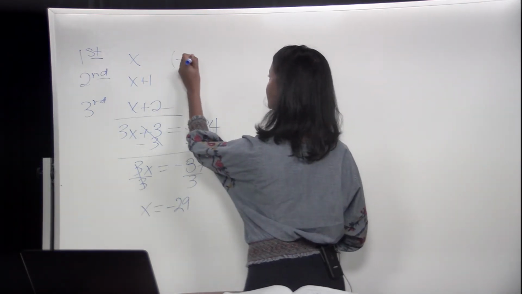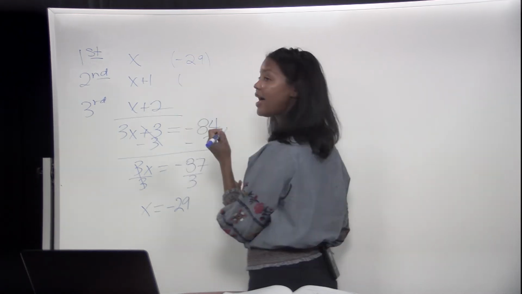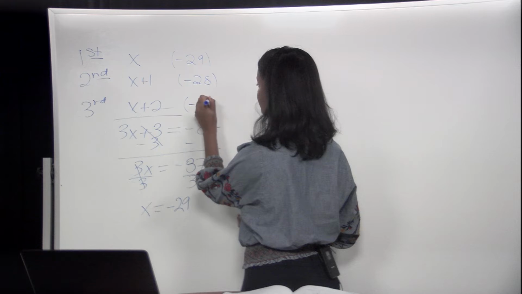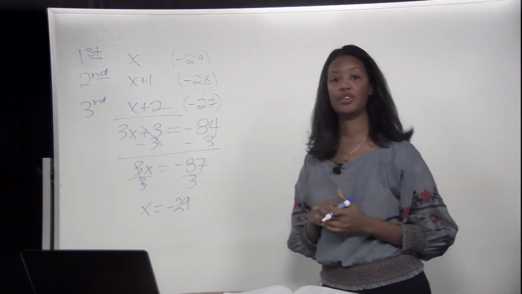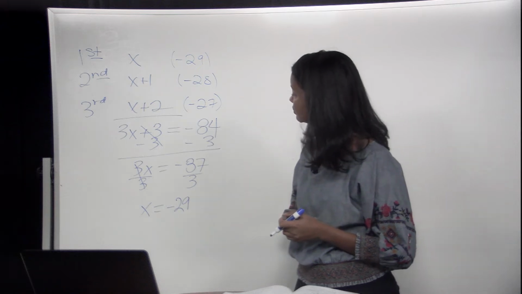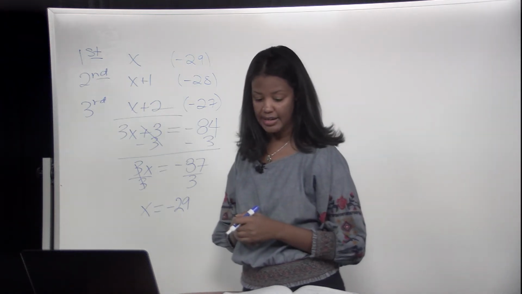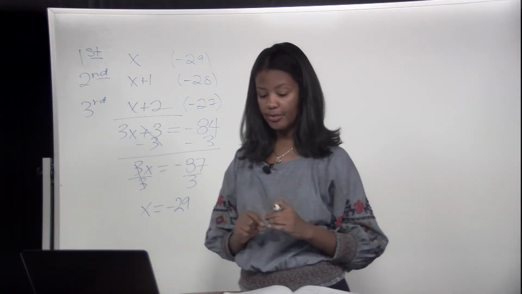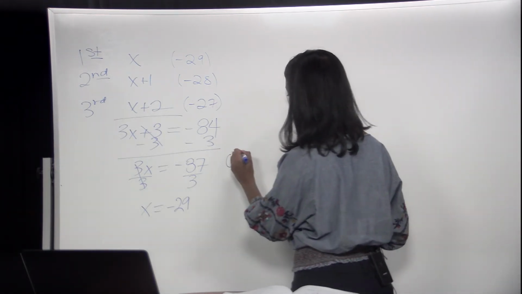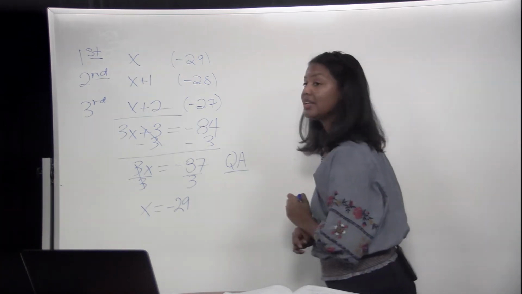So we know this is negative 29. If we add 1, that's negative 28. Another one gives us negative 27. So those are the 3 values that add up to give us negative 84. So quantity A now says the least of the 3 integers. So QA will be the least of the 3.